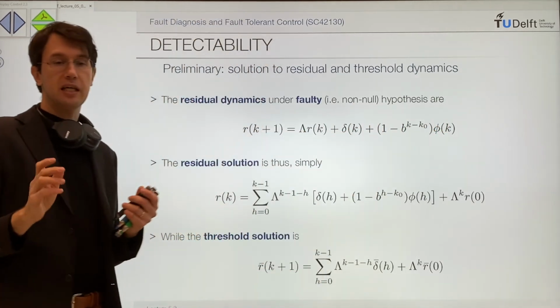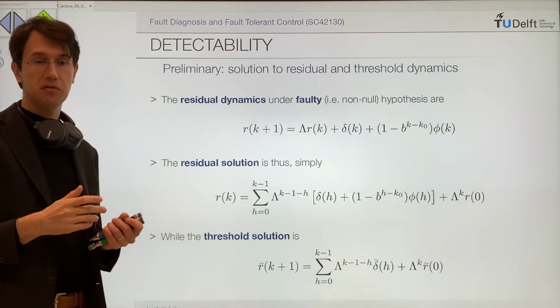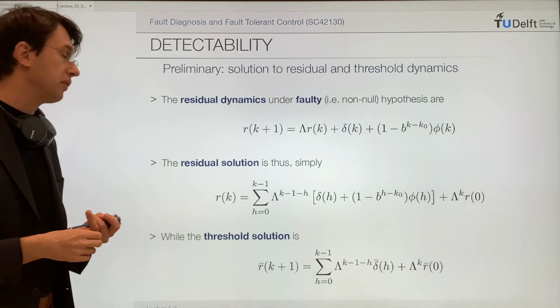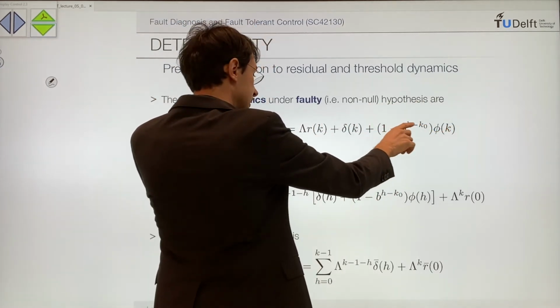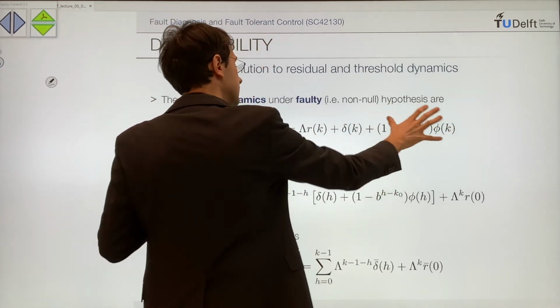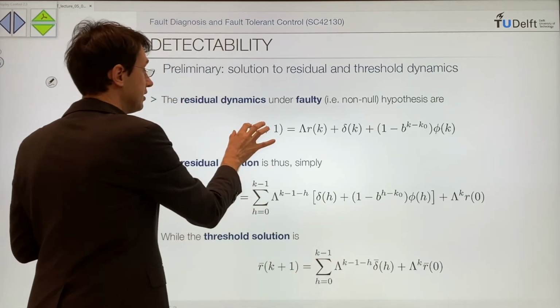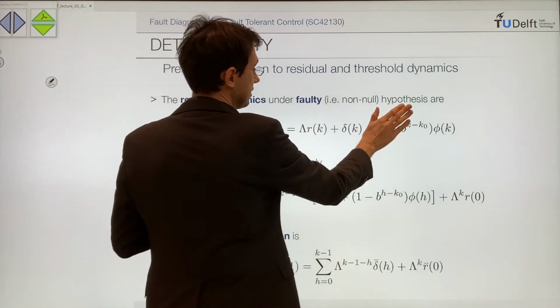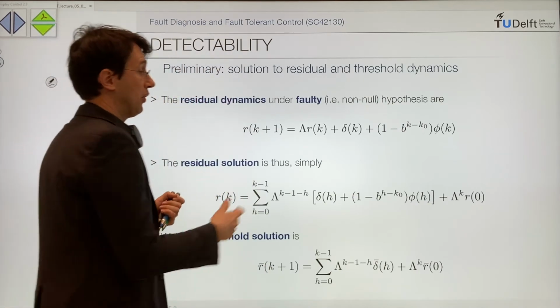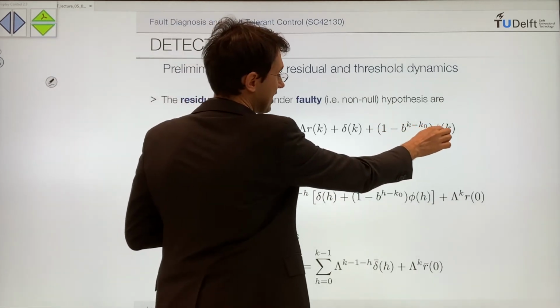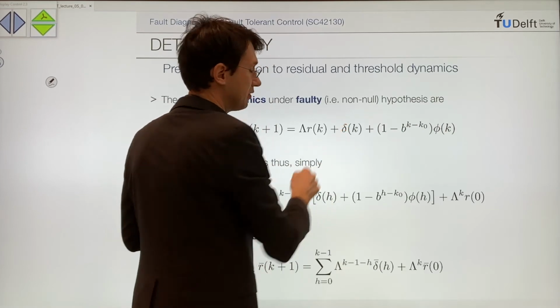So if you just take the dynamics of the system in faulty condition, you do all the math that we have done before, then you get to this. It's no big surprise you get this additional term. So this additional term now is making the residual bigger than in the case where we hadn't, of course. Well, bigger, assuming that the sign of the fault is the same as the sign of delta.